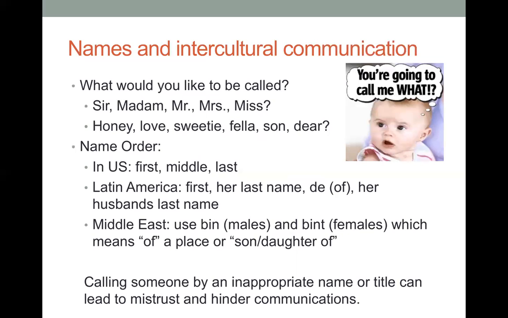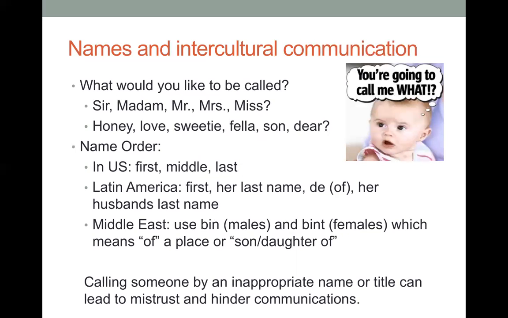Name order can vary based on cultures. So in the US, we do first, middle, and last. Latin America, first, the woman's last name, and then the husband's last name. They don't always have the woman's last name in there, but often they do. In the Middle East, they use bin to indicate males and bint to indicate females, and this means son or daughter of.